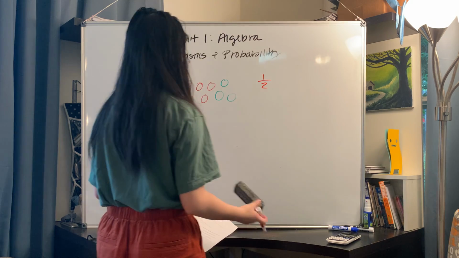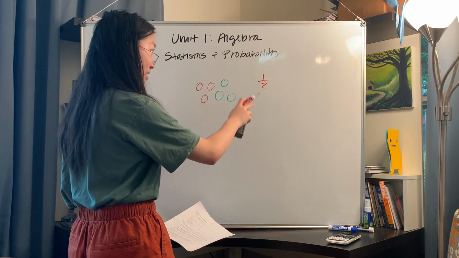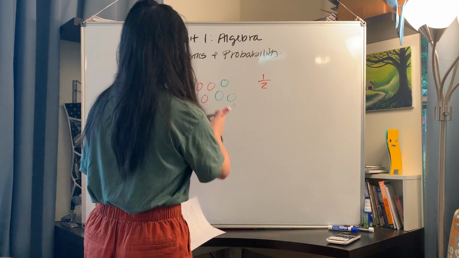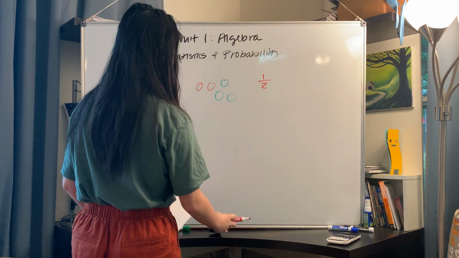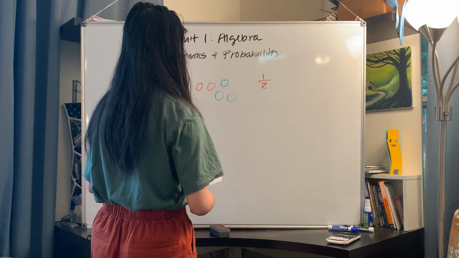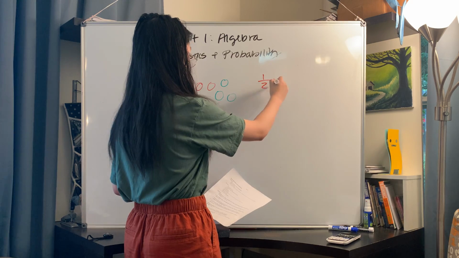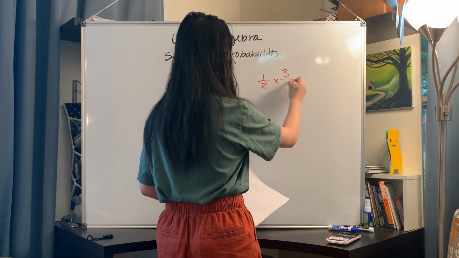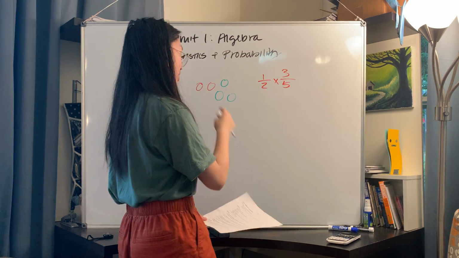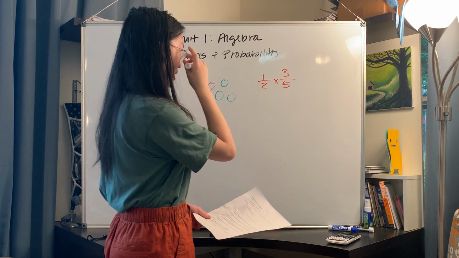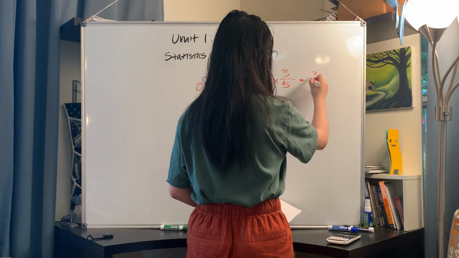So let's say I do choose a red ball. That takes away this red ball, and so when I go to pick my green ball, I have a 3/5 chance of choosing a green ball. And so that is 3/10.